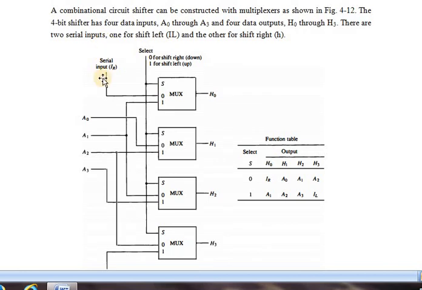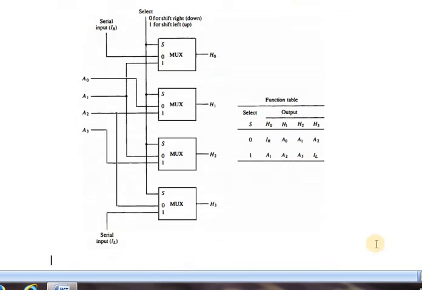There are 2 serial inputs, serial input IR and serial input IL. The construction uses 4 multiplexers, 2 serial inputs and a selection line: if you give the input as 0 it will shift right, and if you give the input as 1 it will shift left.